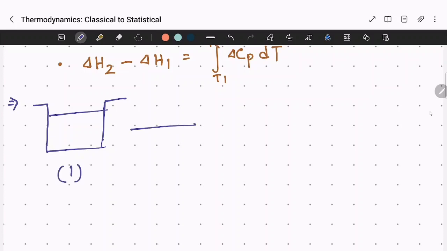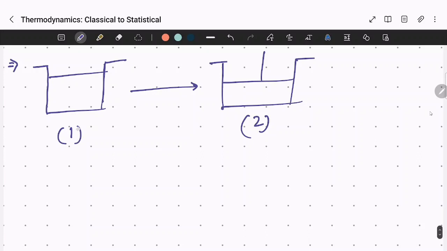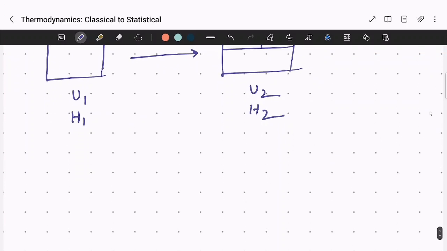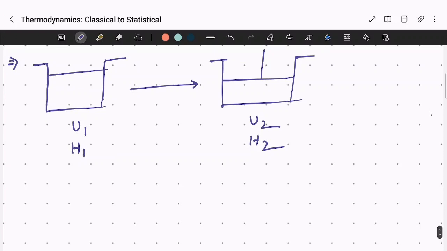State 1 is changing to state 2. How it's changing, we don't know, but this is changing. Here, for first case, the internal energy is U1. Here it is U2. Enthalpy is H1. Enthalpy is H2. Correct?